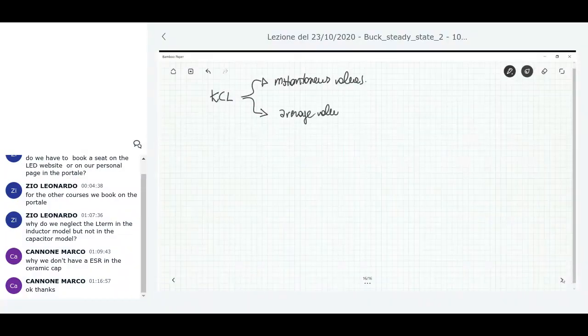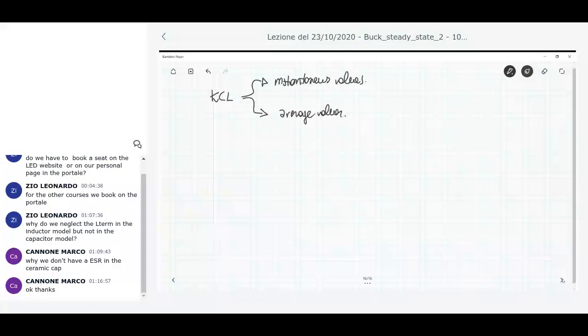Remember all my computation for the current in the input and output capacitors was derived from a Kirchhoff current law computed taking into account just the average value of the current flowing in the channel. My question now is: is it possible to employ the Kirchhoff current law for the root mean square value of currents?